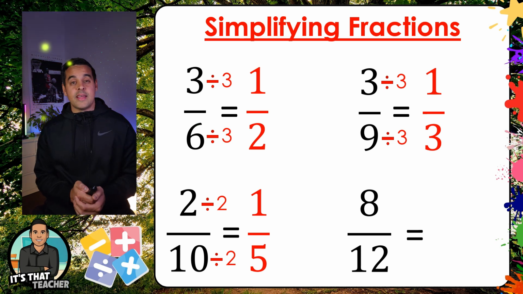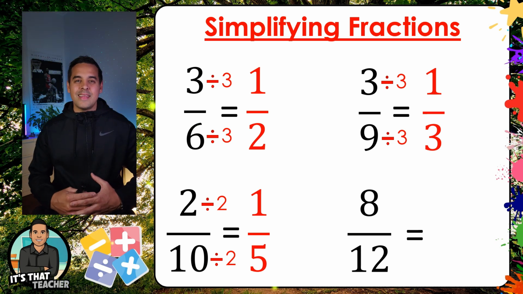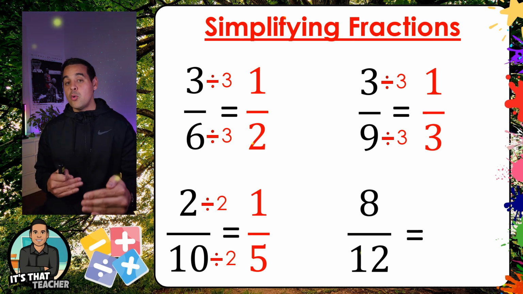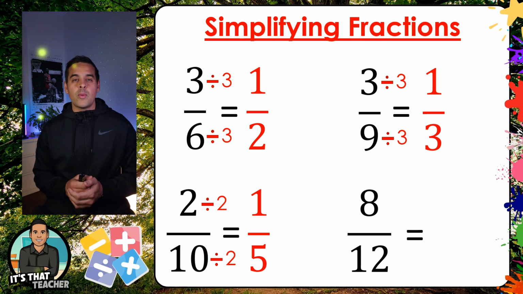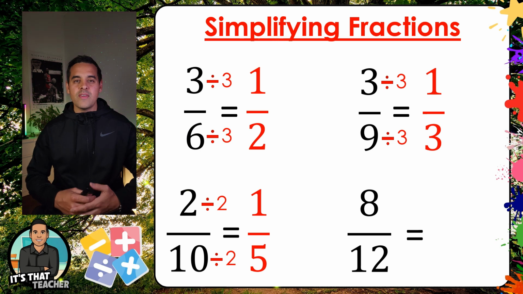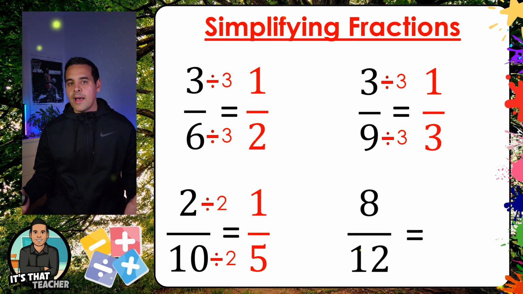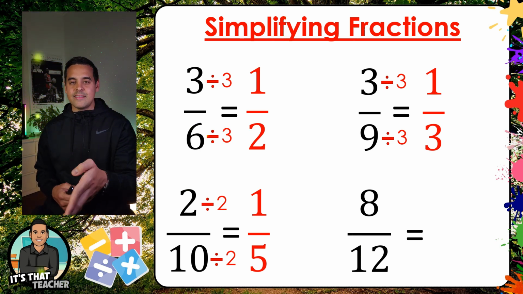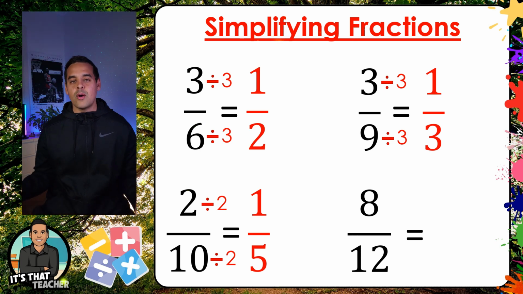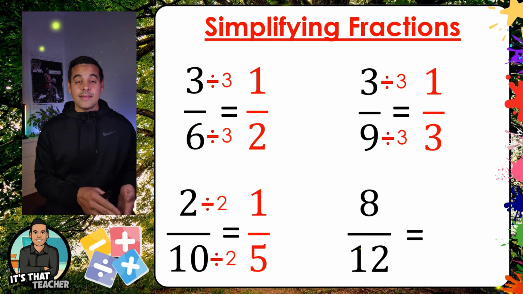This is where you need to think. What is the highest common factor of both numbers? So we can't use 8 because 12 is not a multiple of 8, okay? If you go 8, 16, it does not stop at 12. So we need to dial it back a little bit.